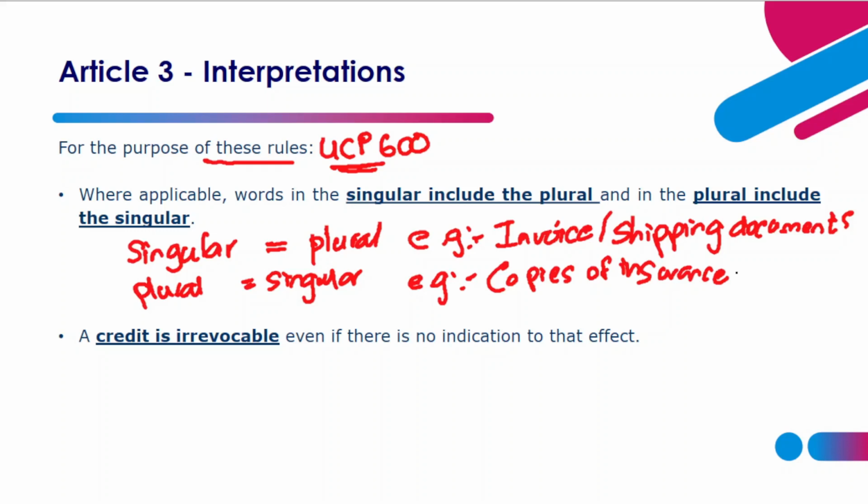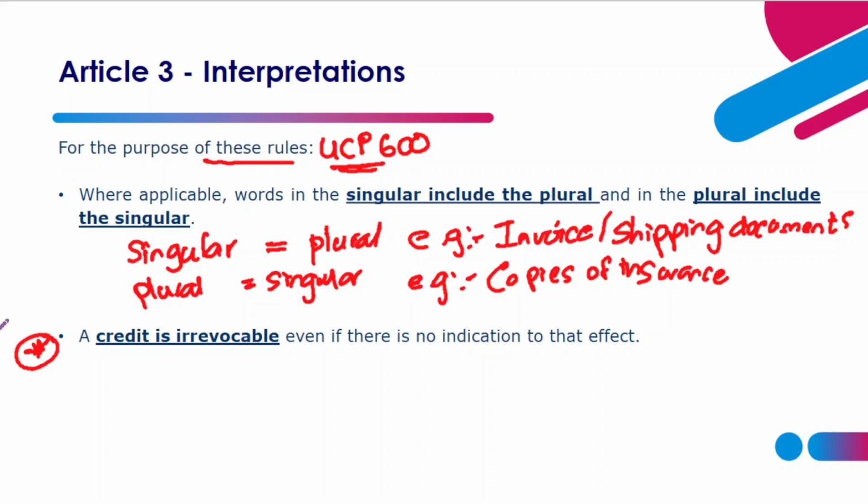Second, a credit is irrevocable even if there is no indication to that effect. Now, this is important. Why? Here, what they say is you don't have to explicitly mention that a letter of credit is irrevocable.